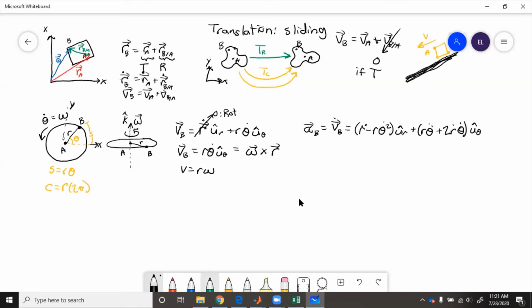But for fixed axis rotation, R double dot is 0 because R isn't changing. R dot is 0.